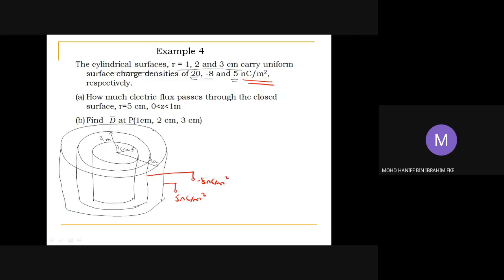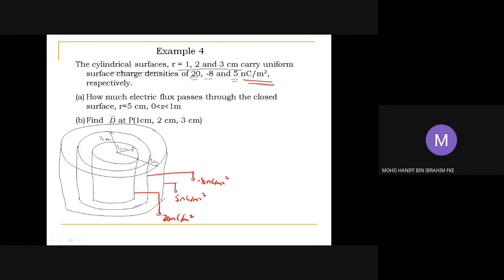And finally, on the inner surface here, the charge distribution is 20 nanocoulomb per meter squared. I just want to remind you again that the charges are all located on the surface of your cylinder. No charge inside the cylinder. So you have to be very careful on this.